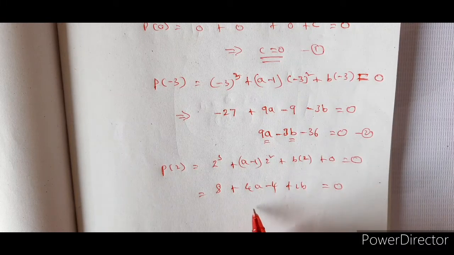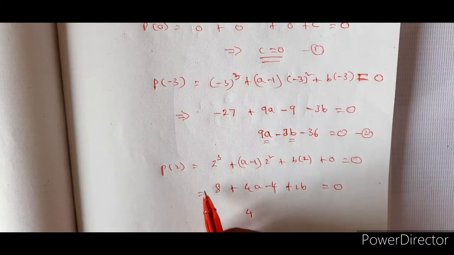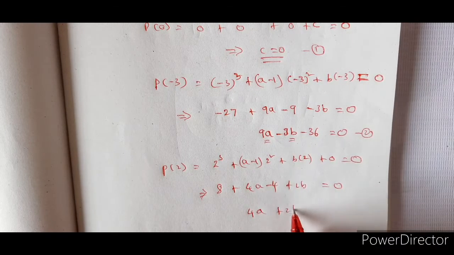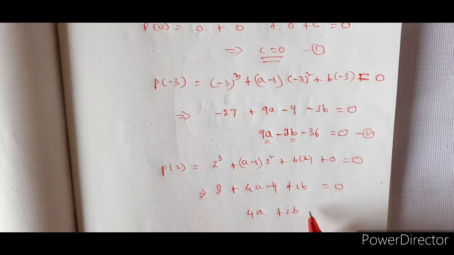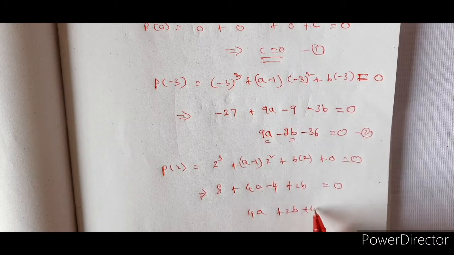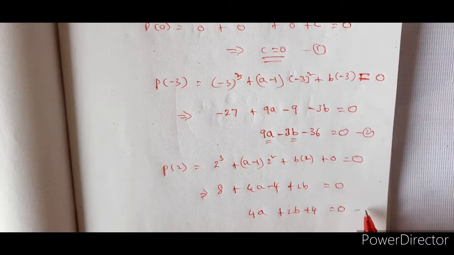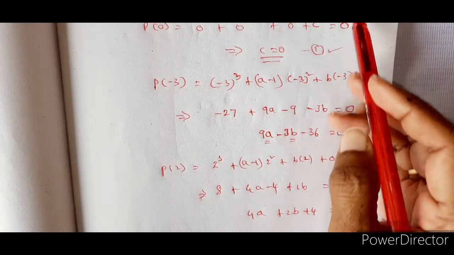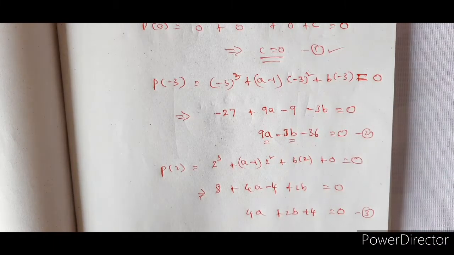Or rather I can write it as 4a plus 2b plus 8 minus 4, which is 4, is equal to 0. This is the third equation. So already c is known. Our job is only to find out a.